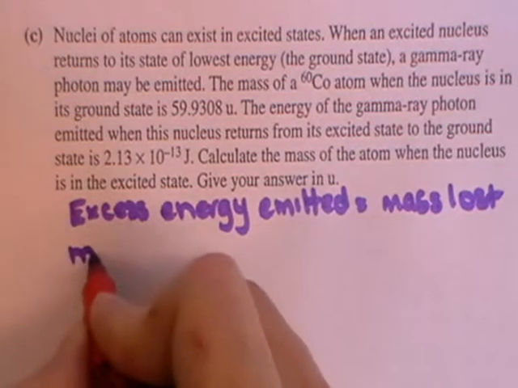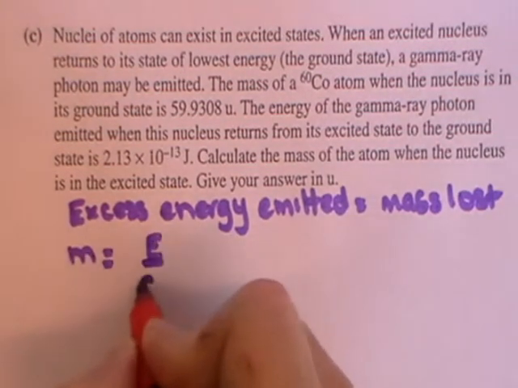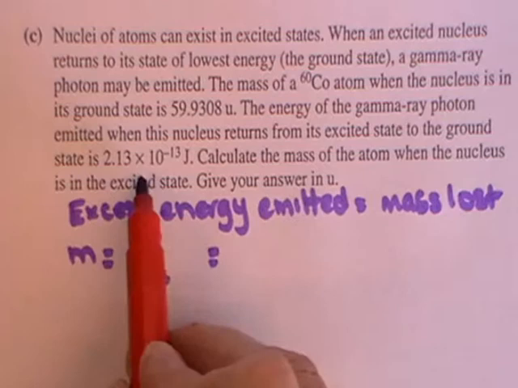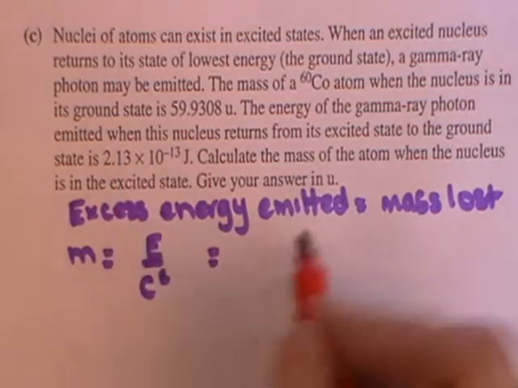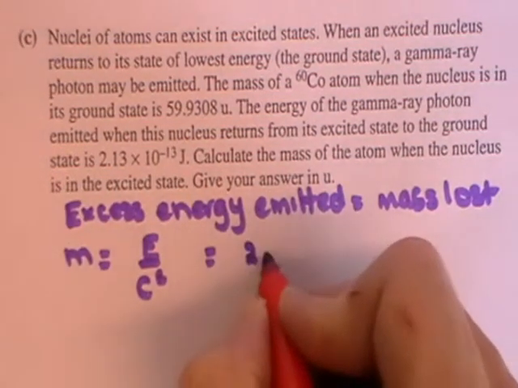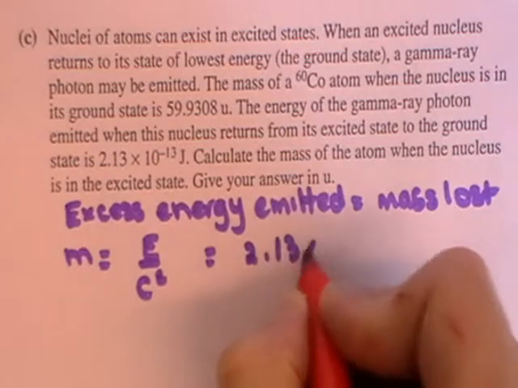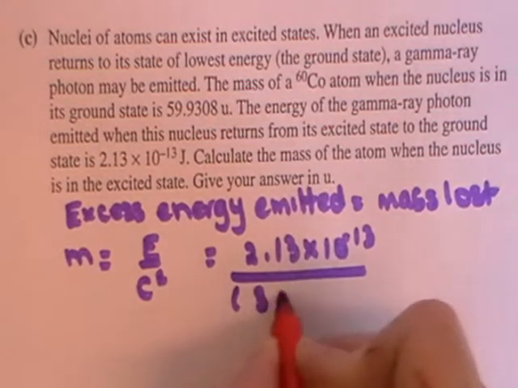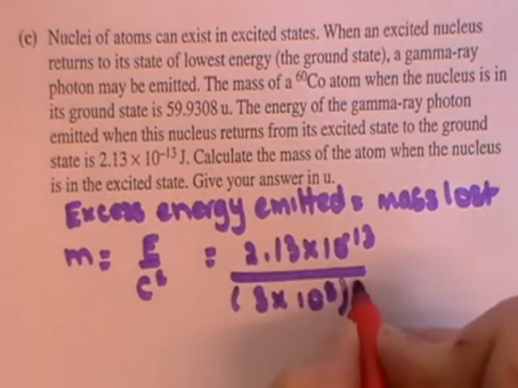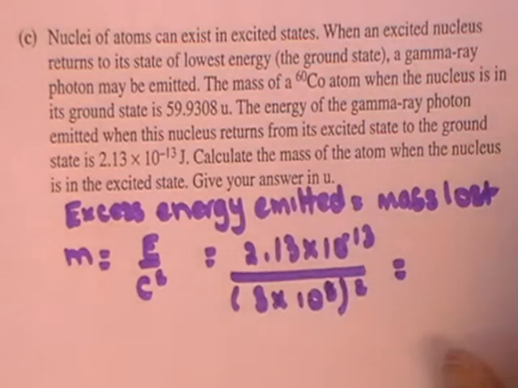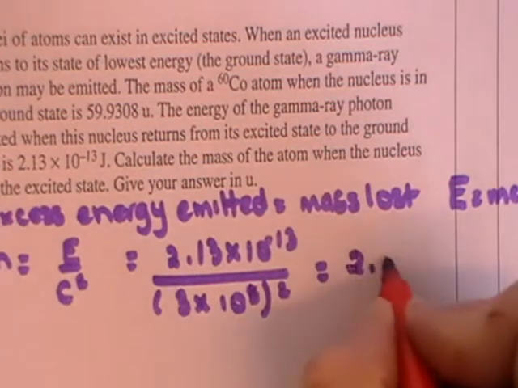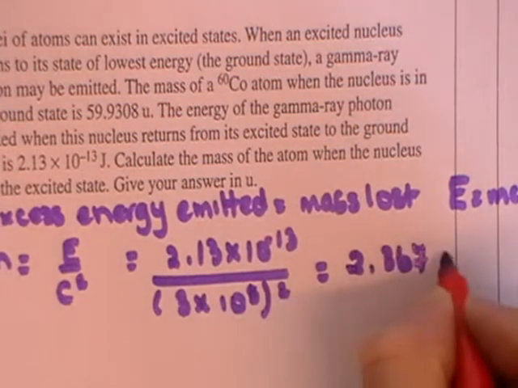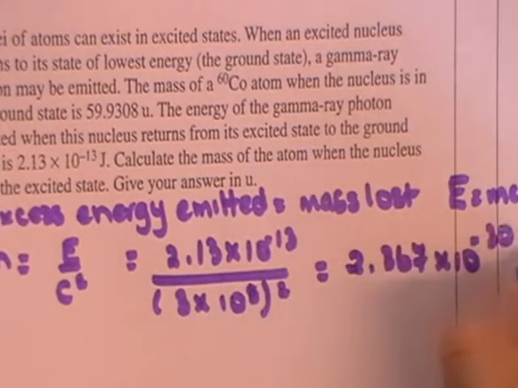We're going to change that equation around. m is equal to E over c squared. And the E that we're using is the 2.13 by 10 to the minus 13. And of course, c is 3 by 10 to the 8 squared. So that answer comes out to be 2.367 by 10 to the minus 30 kilograms.